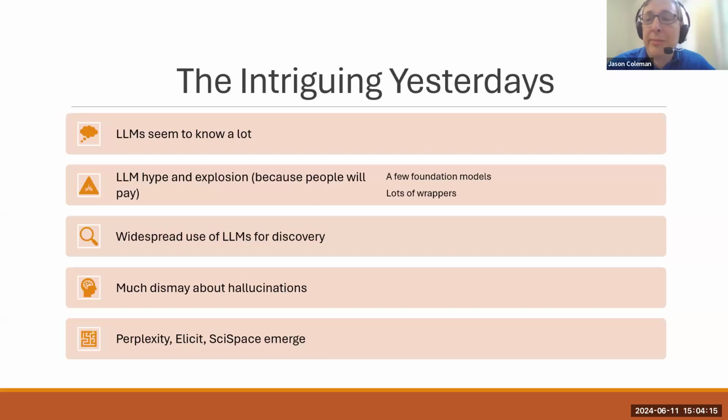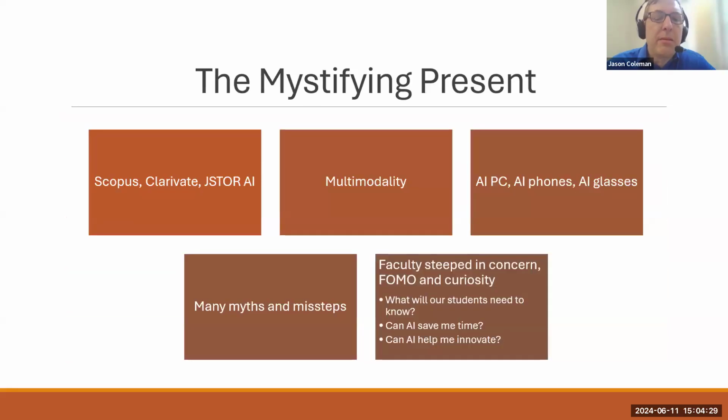And that constrains the ability of them to be reliable assistants. Interesting tools such as Perplexity, Elicit, and SciSpace, and there's many others in this category, have emerged. And that is something that I just became fascinated by delving into those.